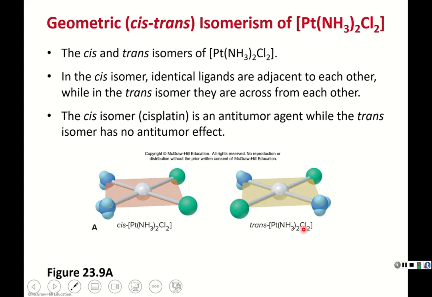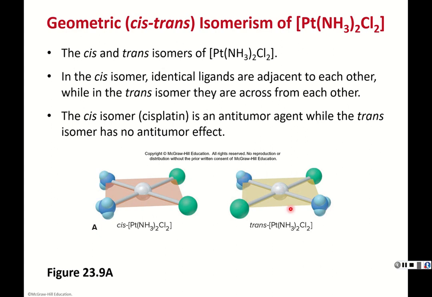So for an example of geometric isomers, the platinum complexes in particular, those with a coordination number of 4 that are in a square planar arrangement, that's where these cis and trans isomers show up the most. In this case, we have 2 amino groups and 2 chloro groups bound to our center platinum. The amino groups and chloro groups can be on the same side, or they can be on opposite sides.